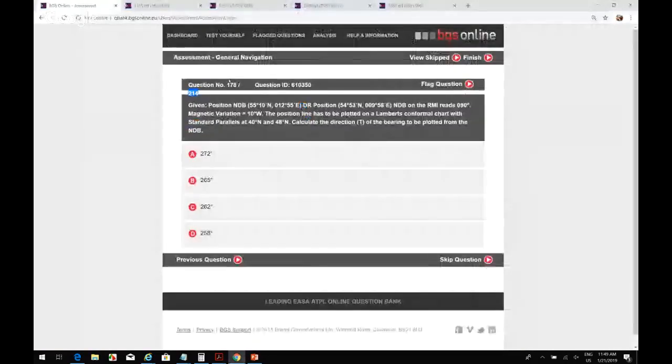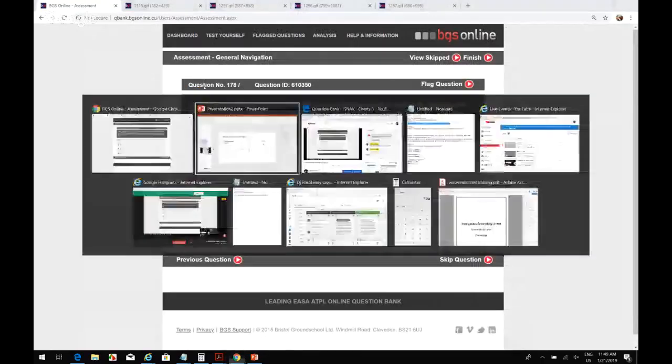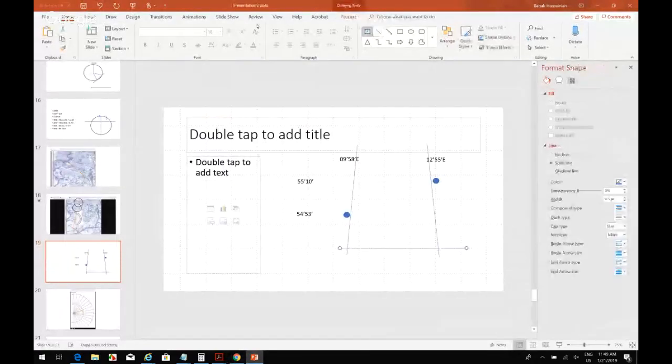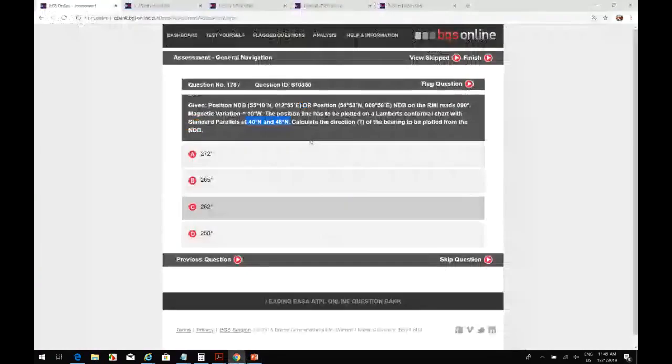Now they're saying that the standard parallels at 40 and 48 north, which would be down here and down here. So the distance outside of the parallels is going to be expanding. Calculate the direction true of the bearing to be plotted from the NDB.